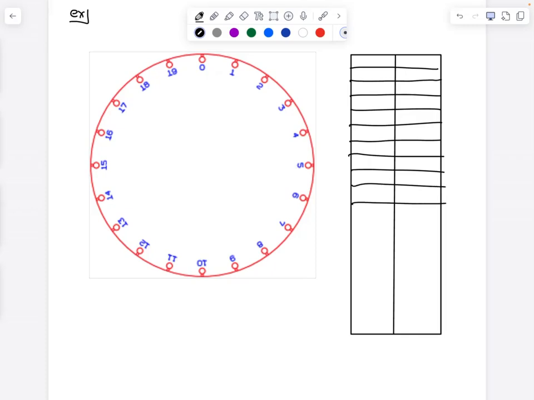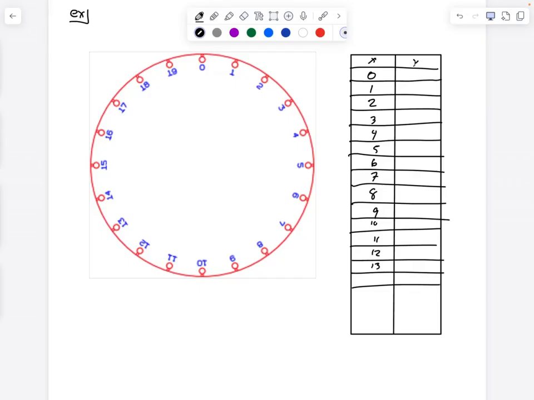Y equals, who would you like? What was the equation again? Y equals 6x? 6x was the previous one. What do you want to do? What about 9?